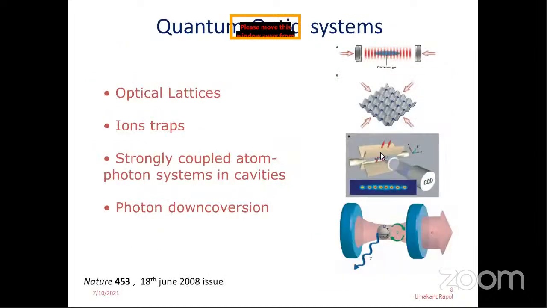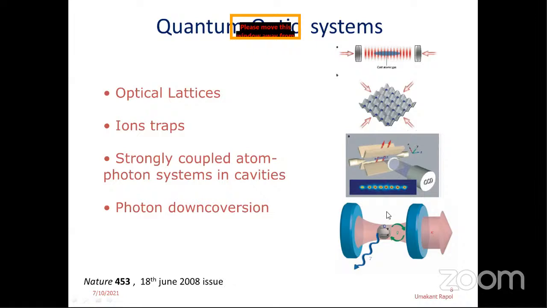So what are the various quantum mechanical systems used as platforms for quantum computing? There are broadly two types. One is quantum optic systems, which comprise atoms in optical lattices, which are periodically arranged atoms in a lattice formed by interfering electromagnetic fields or laser lights; ions in an ion trap; and strongly coupled atom and photon systems in cavities.